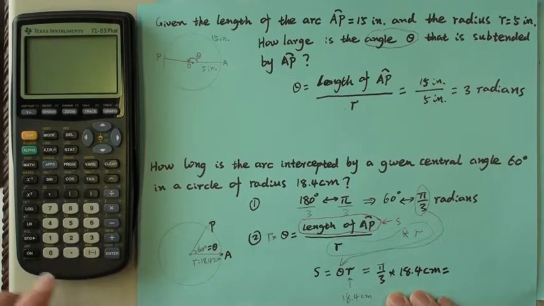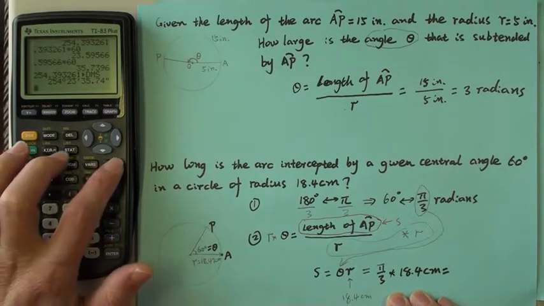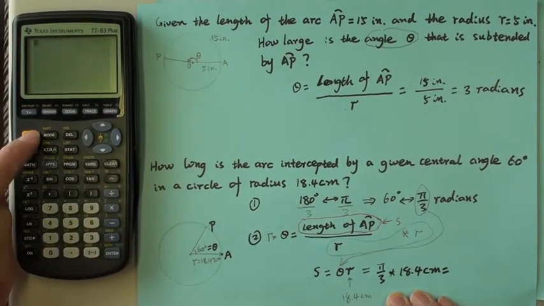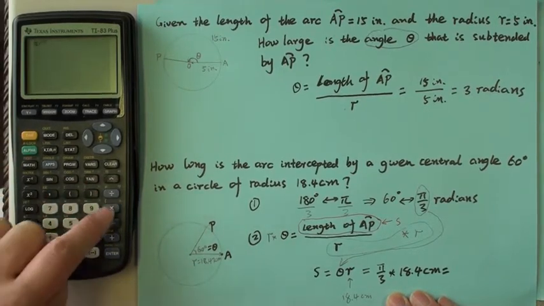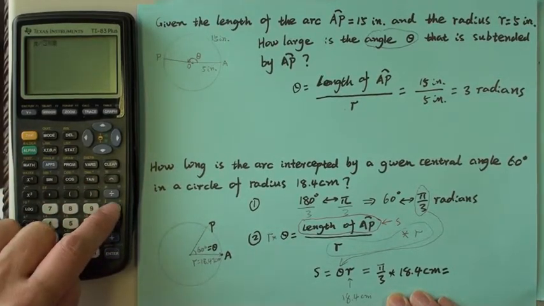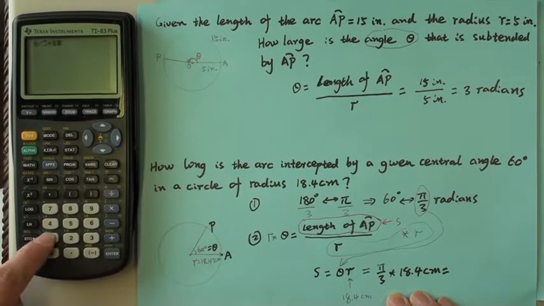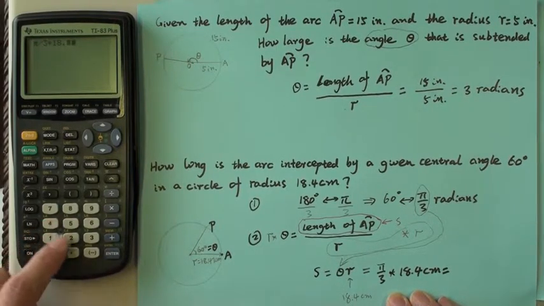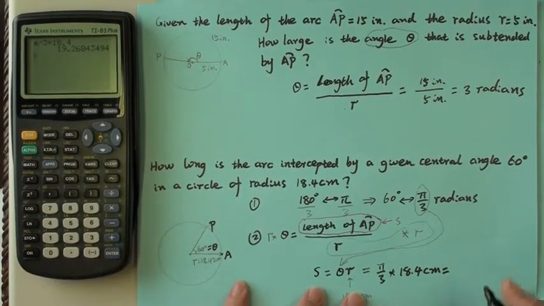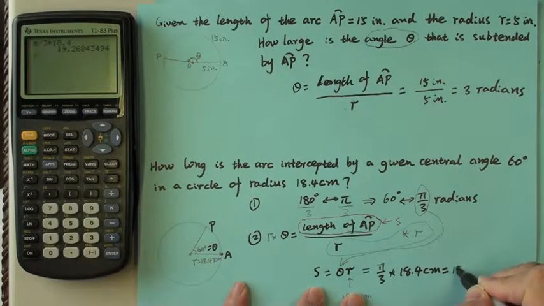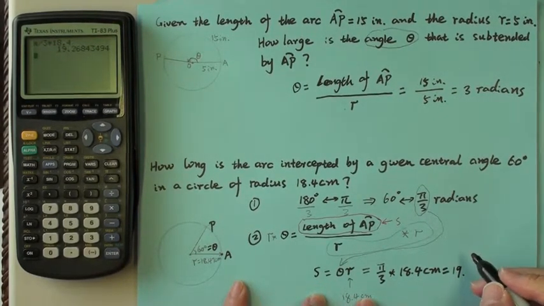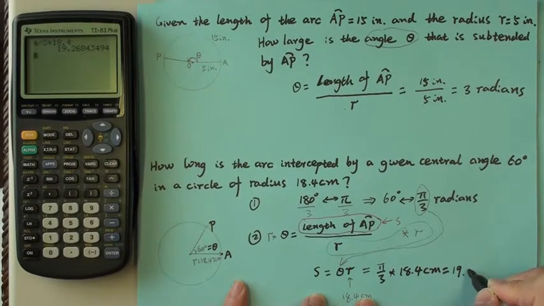You do this by using your calculator: pi divided by 3 times 18.4. You hit enter, you then have 19.26 rounded up.